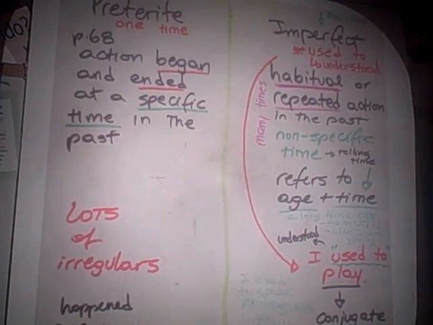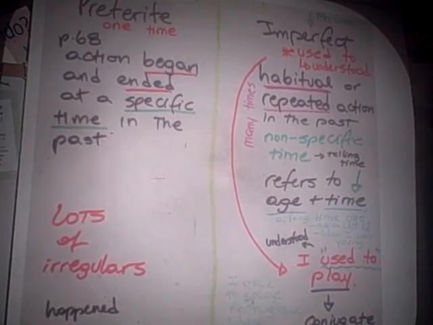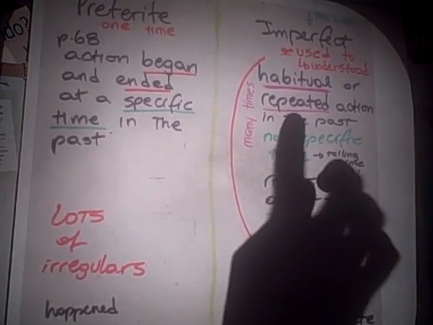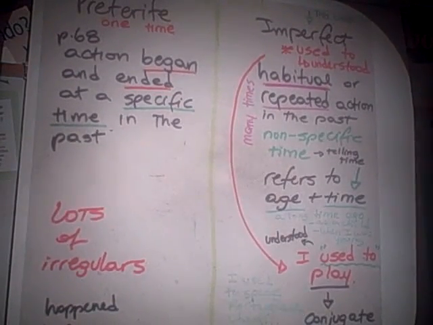Versus the imperfect tense, which is what we're going to focus on today, is normally talking about something that happened repeatedly or habitually. Okay. So obviously it happened more than once. If you look at page 68 under number 2, it tells you the imperfect tense is used to describe a habitual or repeated action in the past. The exact times when the action began and ended are not important.